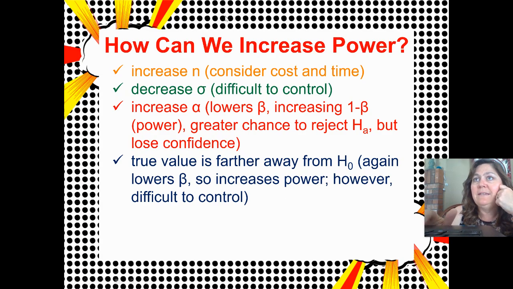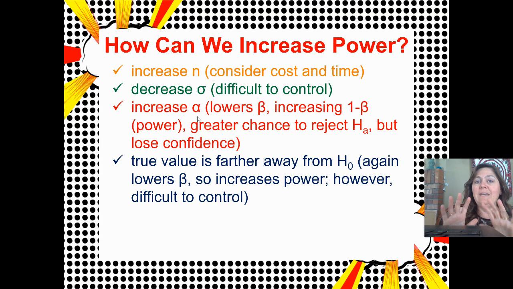Whereas N is difficult because it costs money and takes time to increase it, and of course, controlling the standard deviation of the population is not something that's easy to do at all. So really the only one to mess around with is to try and make the best balance with your alpha. If you want to have a higher power level, then you would need to also increase your alpha, but then you get lower confidence in your test.